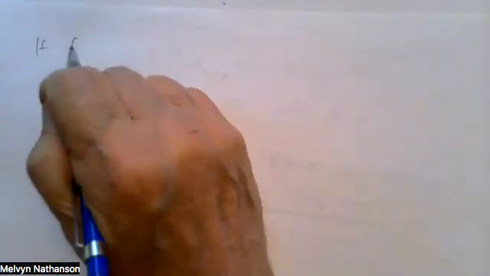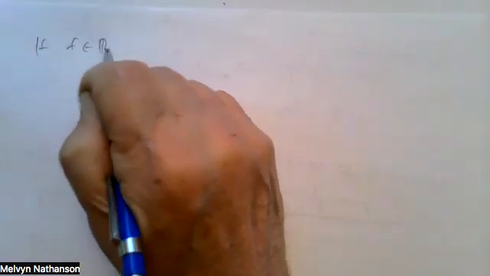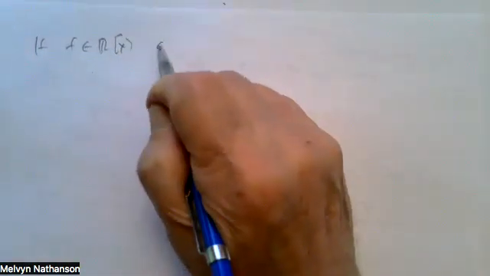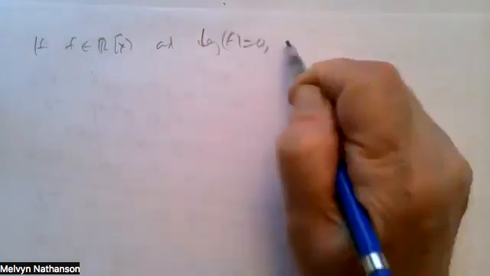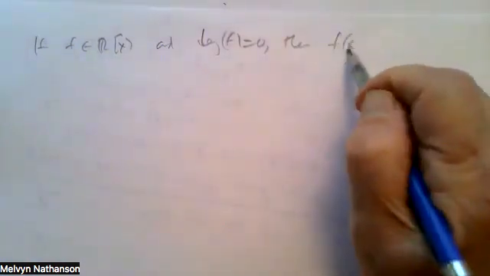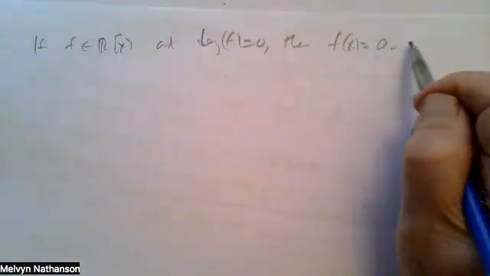And so, for example, if f is a polynomial with real coefficients and the degree of f is 0, then f of x is just some non-zero constant a_0.